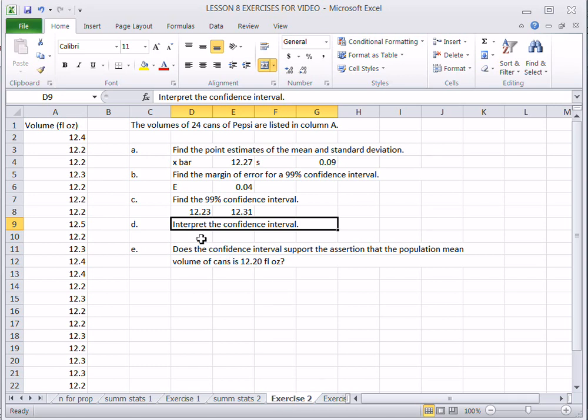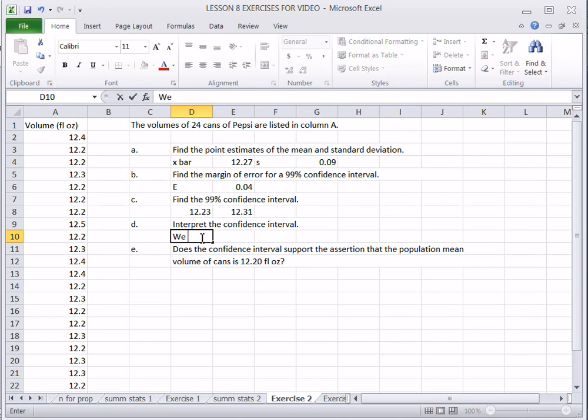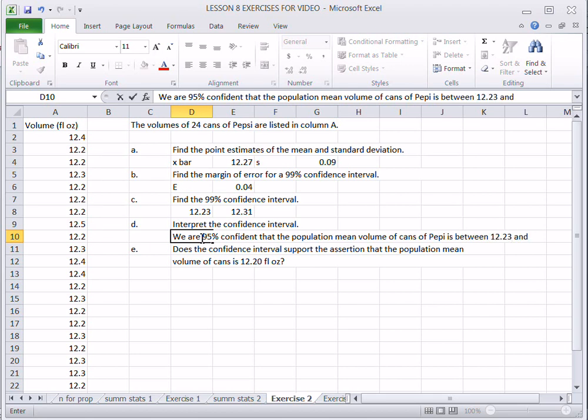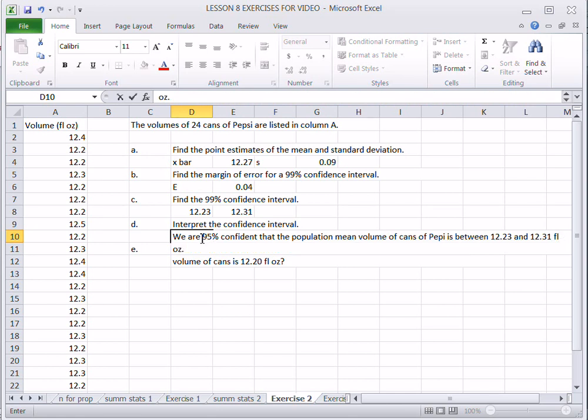So now we can interpret this confidence interval. We are 95% confident that the population mean volume of cans of Pepsi is between 12.23 and 12.31 fluid ounces.